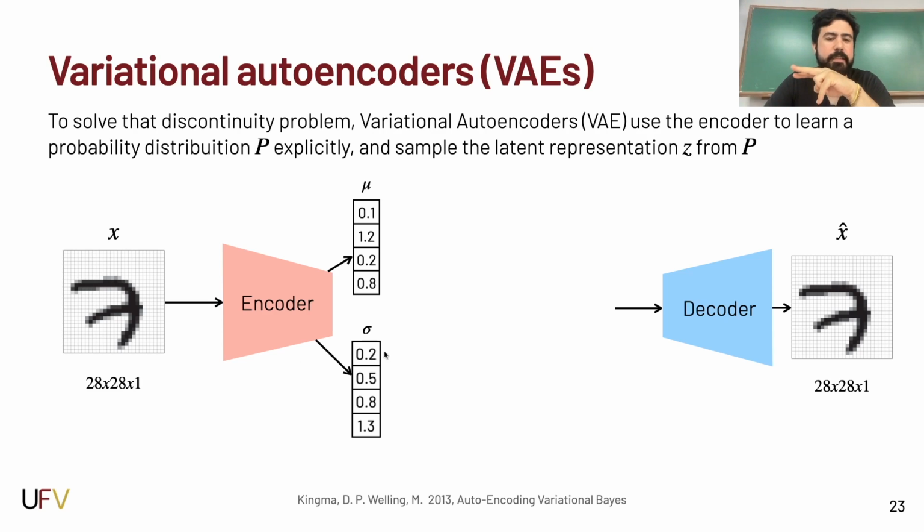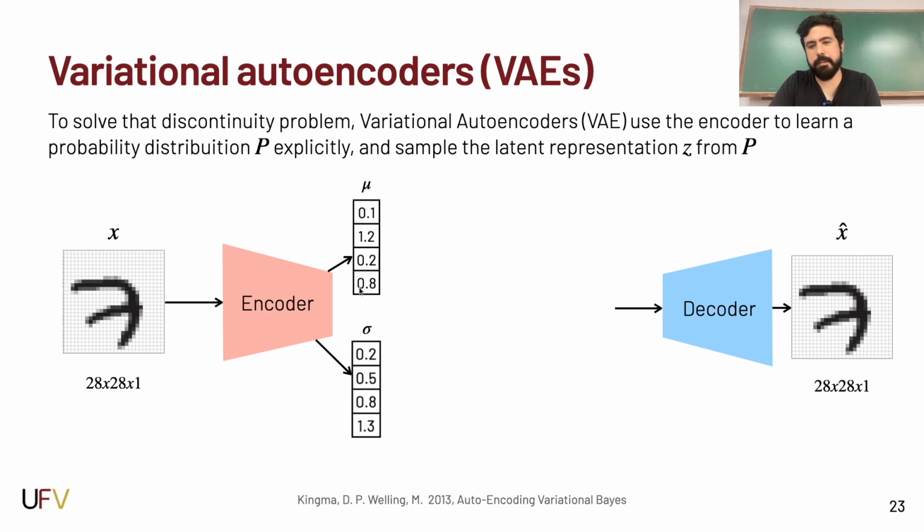Here it is actually standard deviation. So we're going to build a model that learns these two parameters, mu and sigma, and that's the output of the encoder now. The input is the same, just an image of a digit. But the encoder is going to output a vector full of means and another vector full of standard deviations.